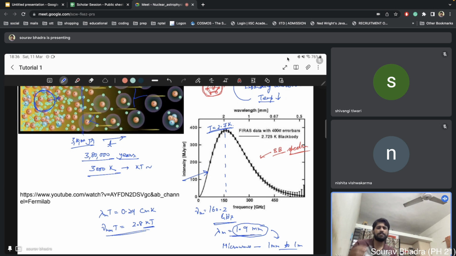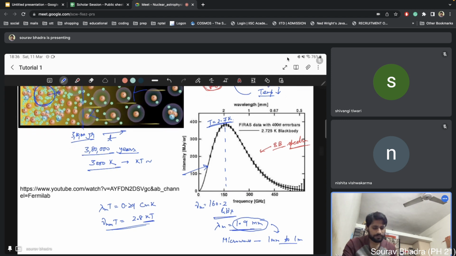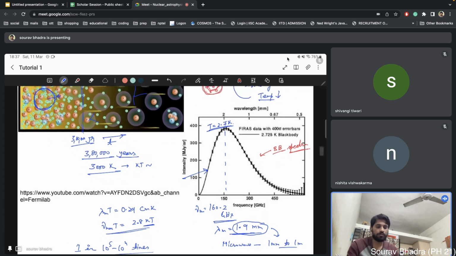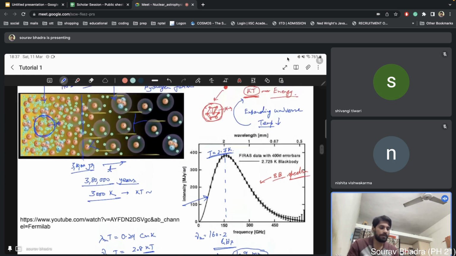That means it is very homogeneous, and you can find that the fluctuation is generally 1 in 10 to the power 5 or 10 to the power 4. So this fluctuation is very small, and that's why we call it a homogeneous microwave background, cosmic microwave background.